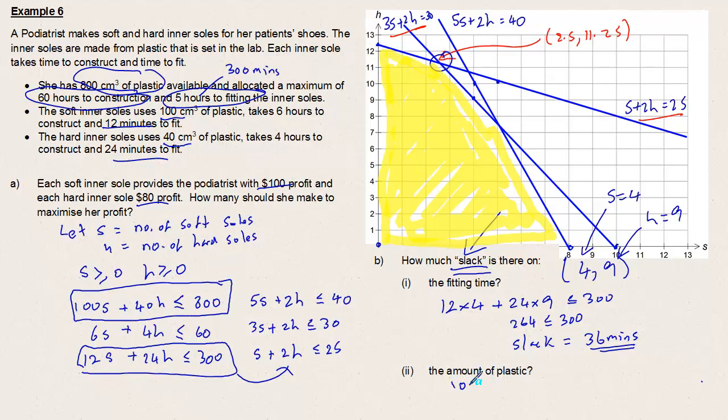So that's going to be 100 times 4 plus 40 times 9, and that was less than or equal to 800. And this one comes to 760. And so we can see that there are 40, and that would be centimeters cubed, of plastic that isn't used at this optimum point.